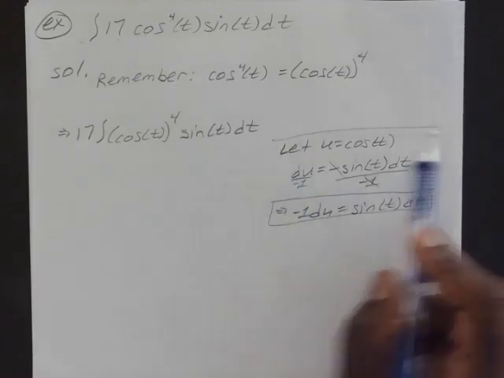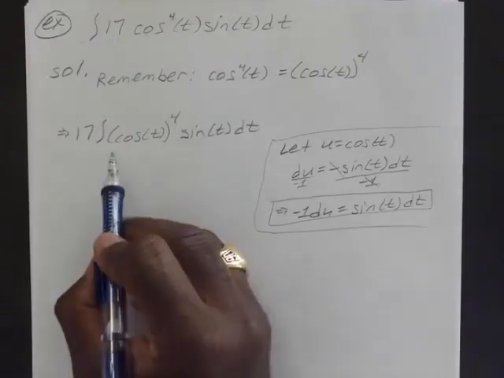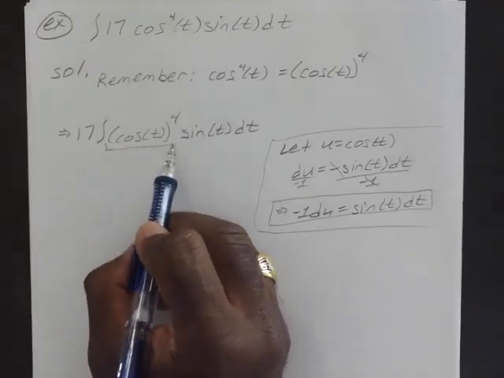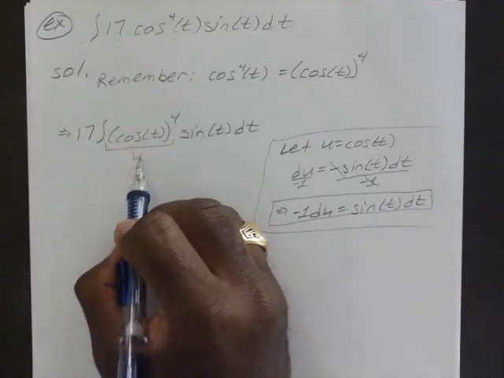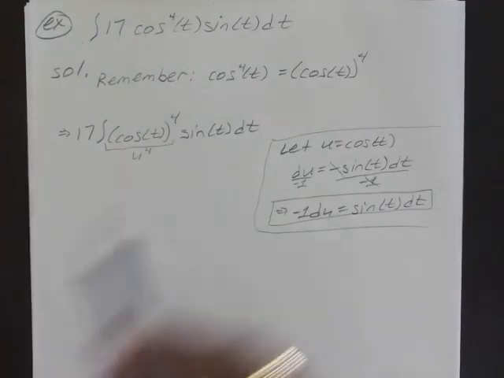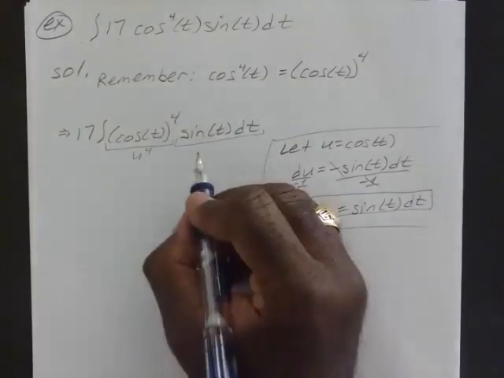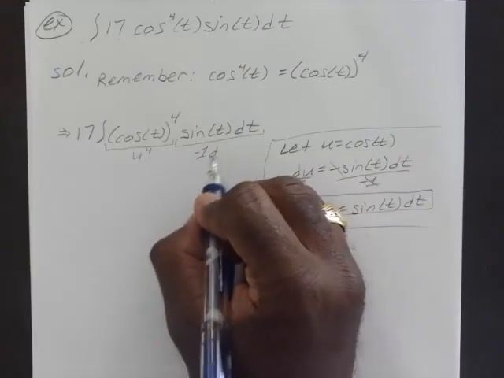And we kind of separate that a little bit so it's not running into there. Okay, so we know that this will just become u to the fourth power. And sine of t dt would just become -1 du, or -1 times du.